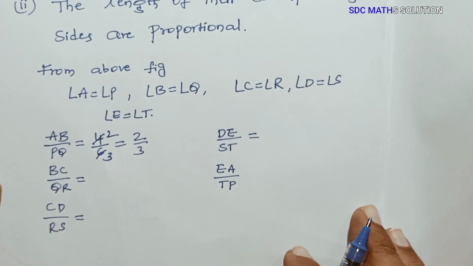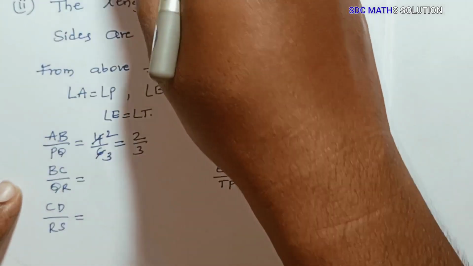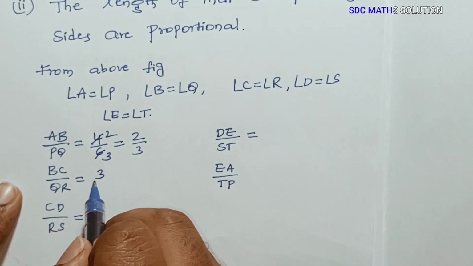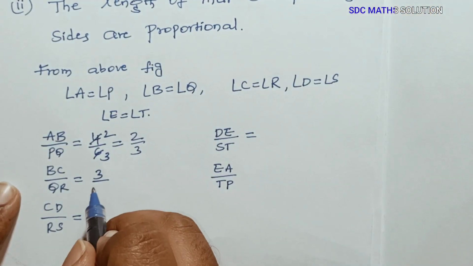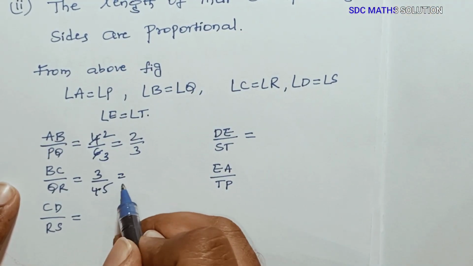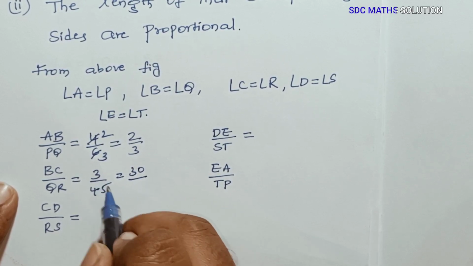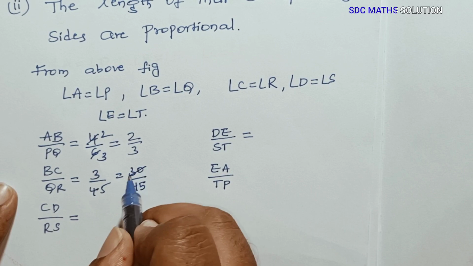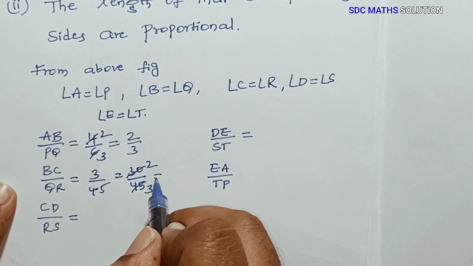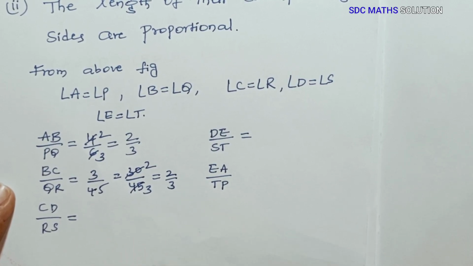Next, BC by QR. BC value is 3 centimeters, QR is 4.5. If you remove the decimal point, 30 by 45, 15 2s, 15 3s, that is equal to 2 by 3.